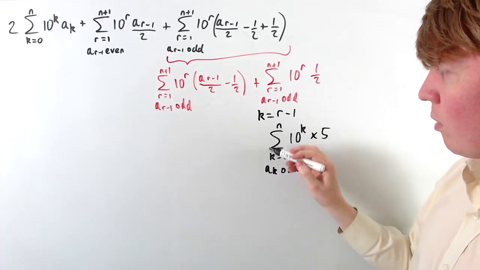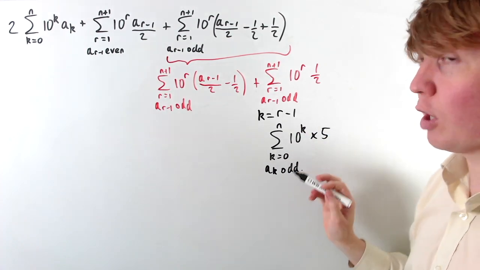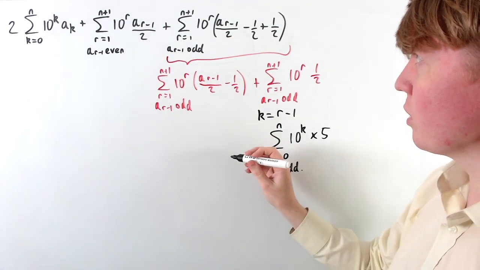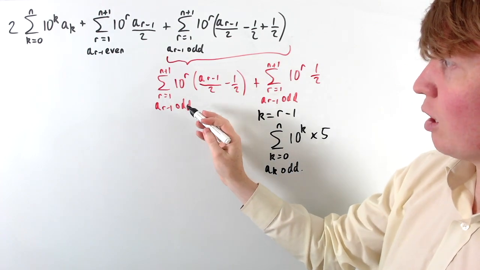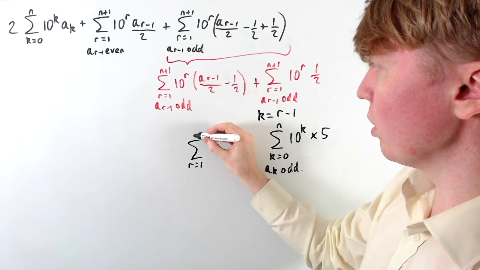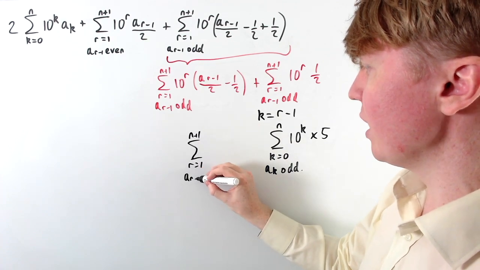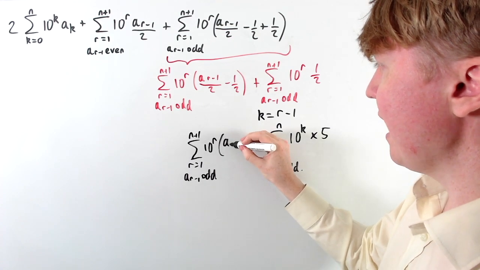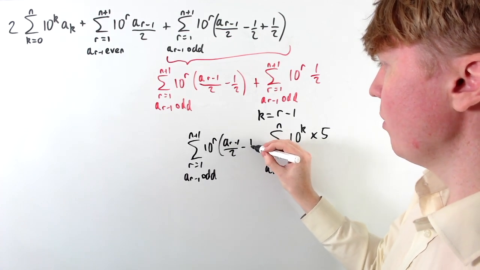So this explains where we get this extra plus 5 for all of our odd digits, and then we can add in the remainder of all of these sums. So we've also got this where ar minus 1 is odd here. We've got the sum going from r equals 1 up to n plus 1 where the digit is odd of 10 to the r times ar minus 1 over 2 minus a half.